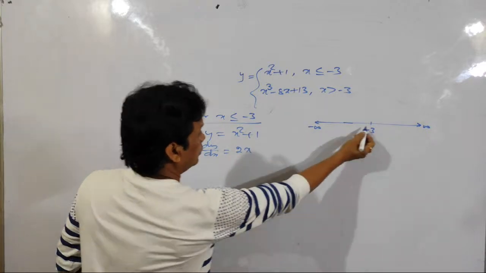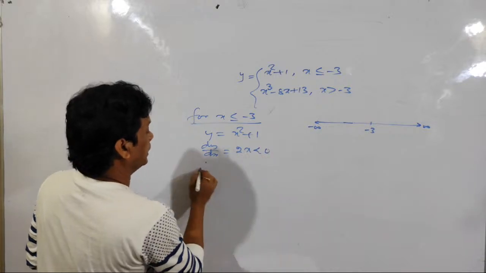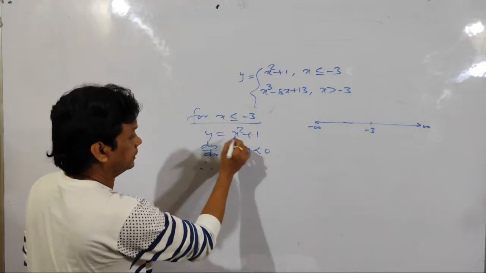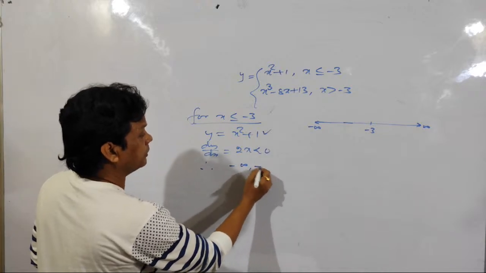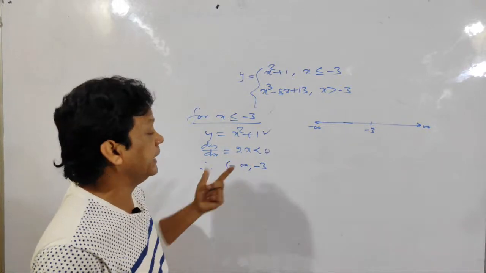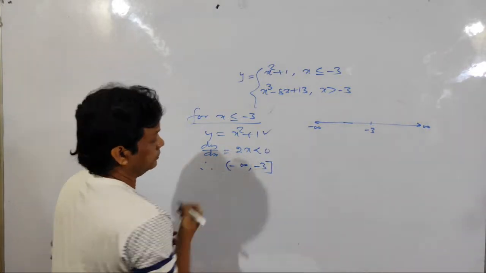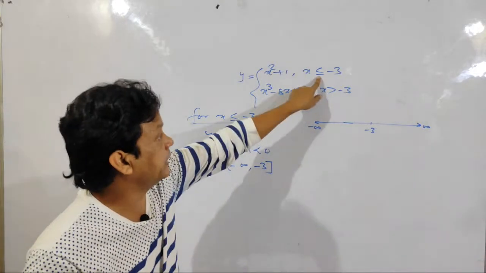So put x is equal to any value in this interval, it will be less than 0. Therefore the given function for this interval is decreasing in minus infinity to minus 3. It is open, and if you put minus 3 here, it is negative also. So it should be a closed interval, not open, because it is given x is equal to minus 3.